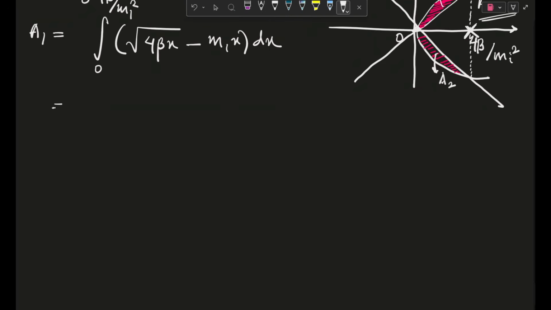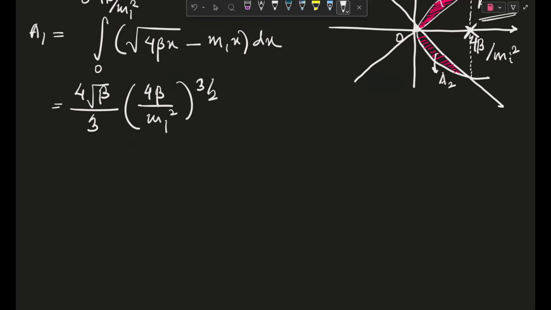So guys, this will come out to be, I'm writing, 0 is not needed, right? Then it's easy. This will become 4 root beta whole divided by 3, and inside the bracket you will have 4 beta by m1 square times 3 by 2. I hope you can understand because it's integrated, and this will be minus m1 by 2 and 4 beta by m1 square whole square.